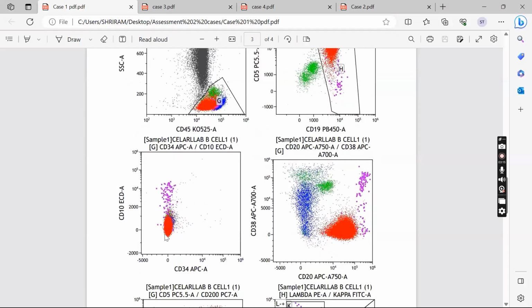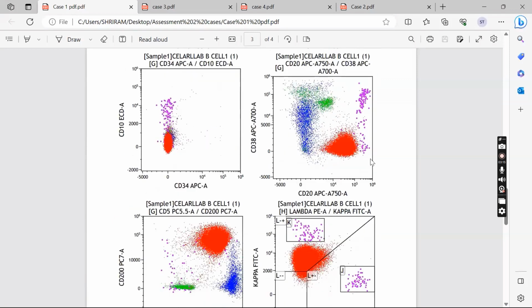For example, I suppose it was lambda restricted, but it didn't show any abnormality. For example, it was not showing any 5 expression. It was not showing any 23. It was not showing a bright 11C or a bright 200. It was typically fitting with the normal B cell population, except the fact that it is clonal. It is not expressing kappa, and it is completely lambda positive.